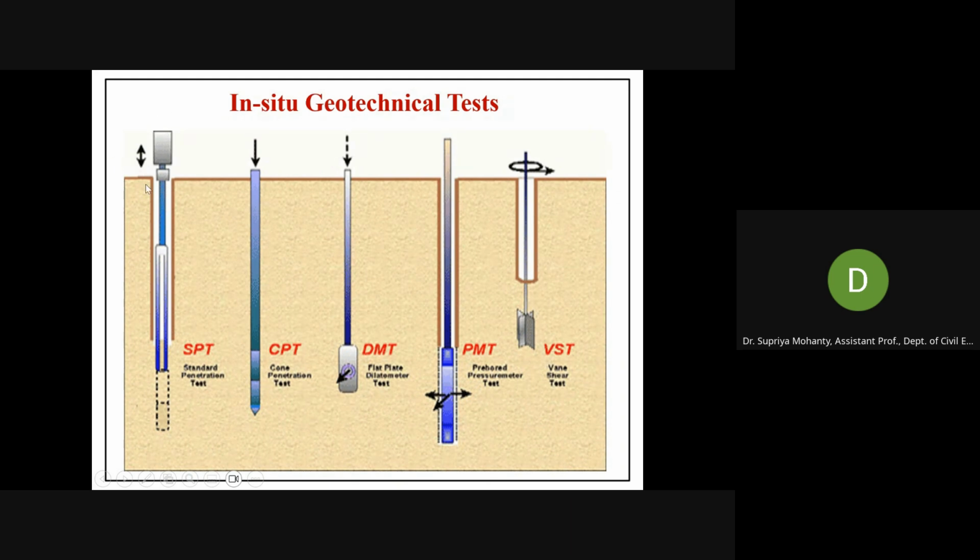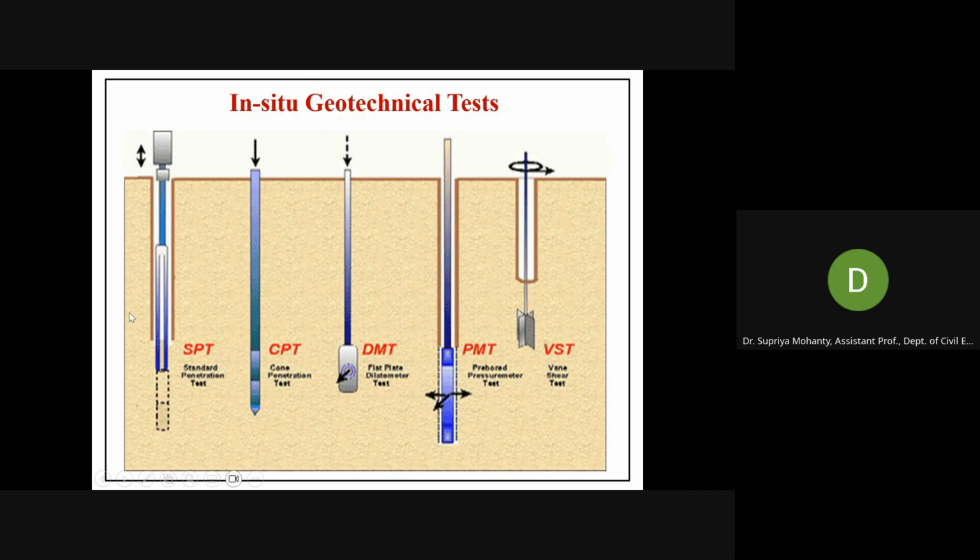So here we are applying an impact load, and under this impact load we are trying to calculate the resistance of the soil in terms of SPT N: for 30 centimeters of penetration of this sampler, how many times we have dropped the hammer, the number of blows for that particular 30 centimeters of penetration. So by applying impact load in terms of hammer blows, we are relating the resistance of the soil. The higher the number of blows for that penetration depth, the stronger the strata. Fewer blows represent weak strata.